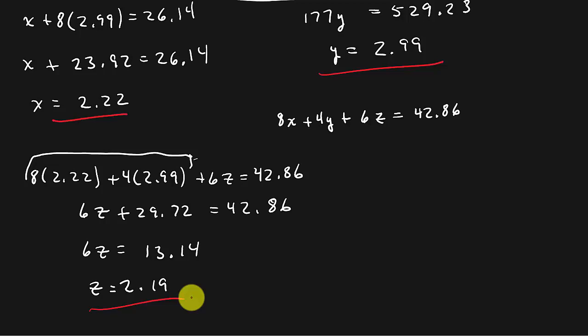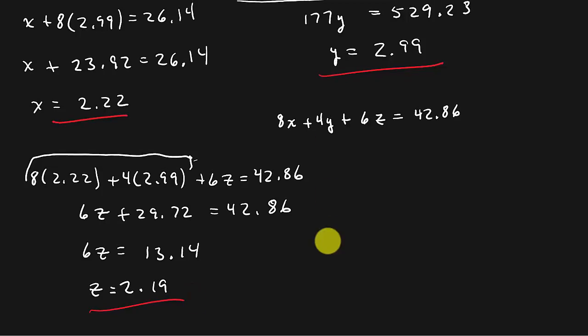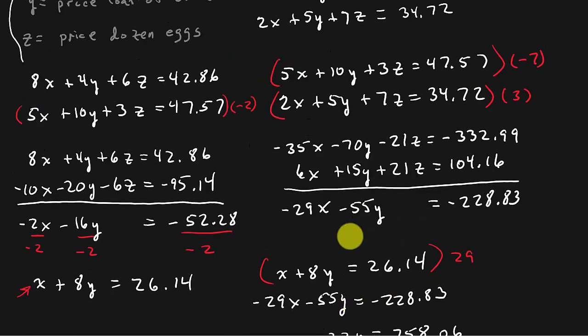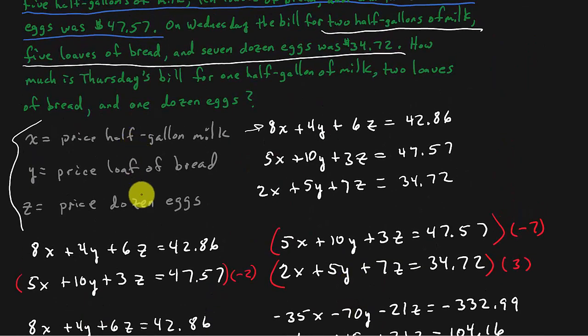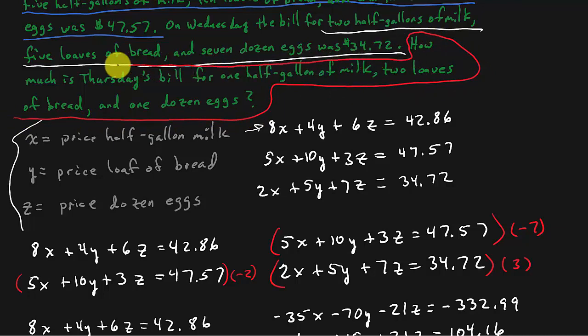But that's not what they're wanting, is it? You notice that? Did you pick up on that? That's the price of each one. But the question they're asking, how much is Thursday's bill?